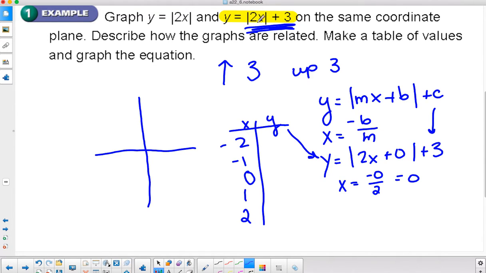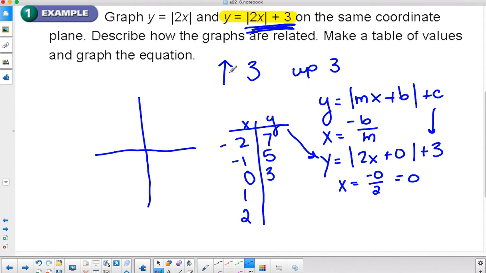We have negative 2 times 2, negative 4. Absolute value is 4. 4 plus 3 gives us 7. Negative 1 times 2, negative 2. Absolute value is 2. 2 plus 3 is going to give you 5. Plug in 0. 2 times 0 is 0. 0 plus 3 gives you 3.